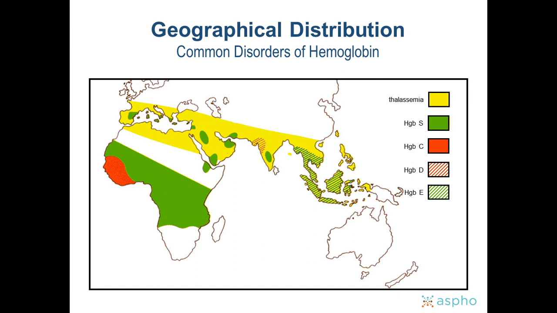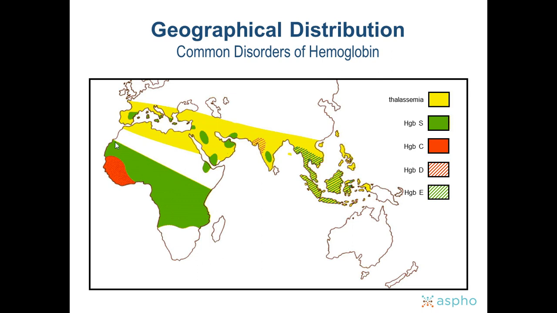It's important to know the geographical distribution, at least the ancestral geographical distribution, of the common disorders of hemoglobin. Of course, this changes today because of migration. Thalassemia, shown in yellow, is common in the Mediterranean, the Middle East, the Indian subcontinent, and down into Southeast Asia.